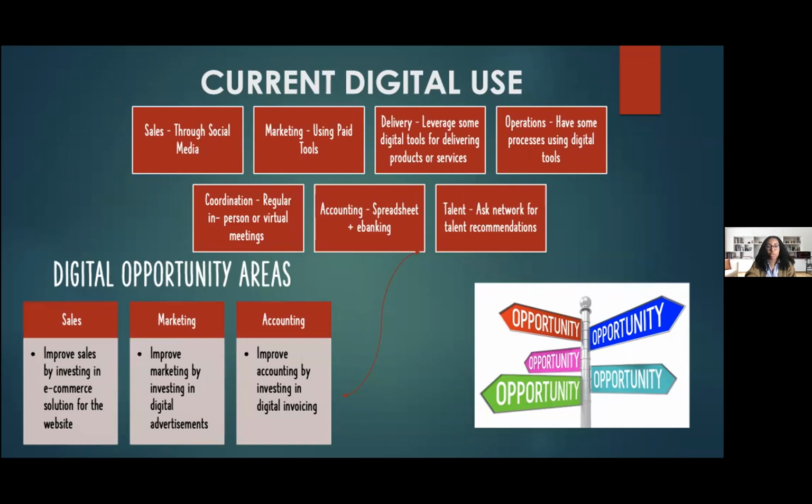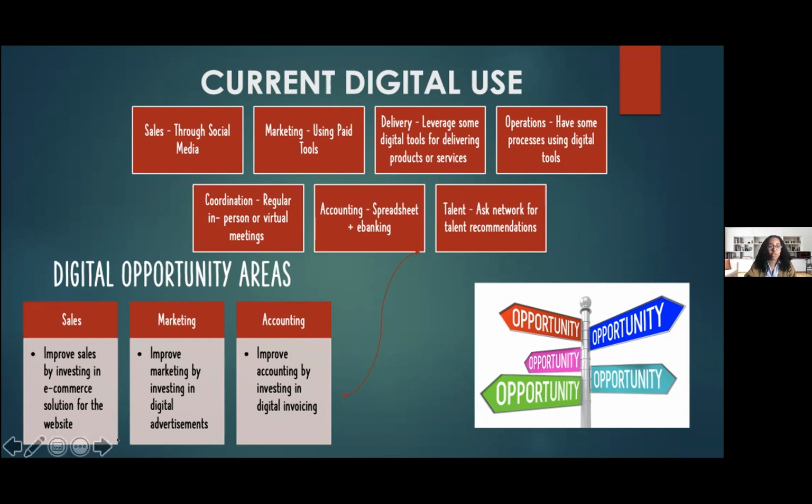Digital use. Of course, they're using social media. They are using some ads, so paid tools. They're delivering the workshops, the ones they've been able to put together, through Zoom. Some of their operations processes are digital, but not all, as well as their accounting, spreadsheets, and e-banking.